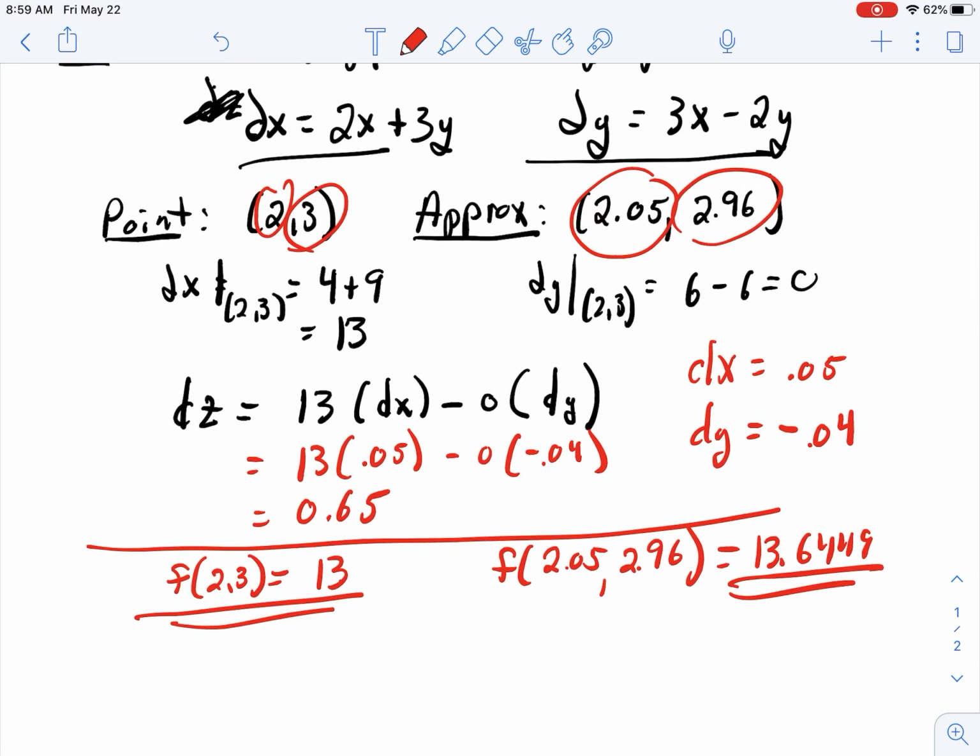And notice the difference. Again, these are approximations, but notice that I was off about 0.65 if I round. Okay.